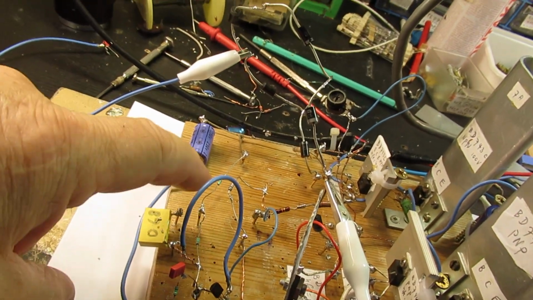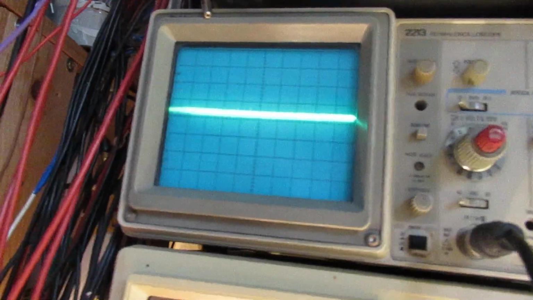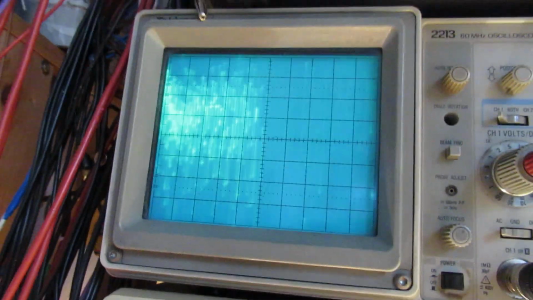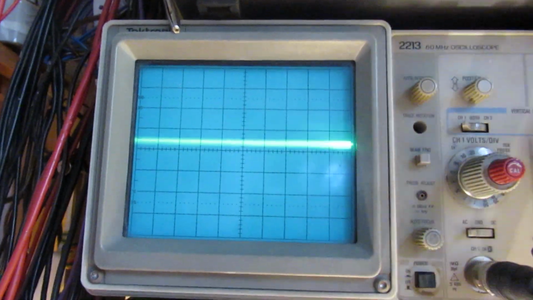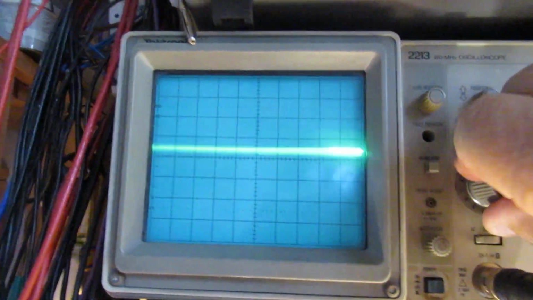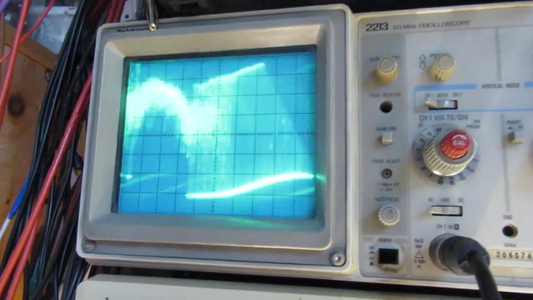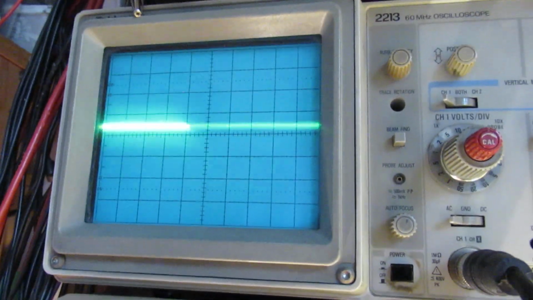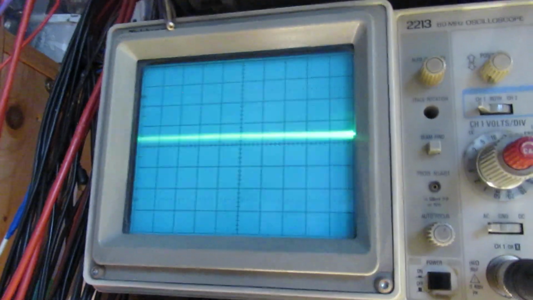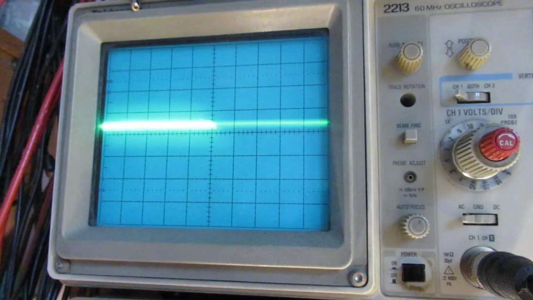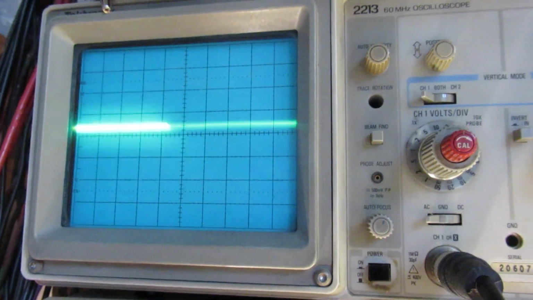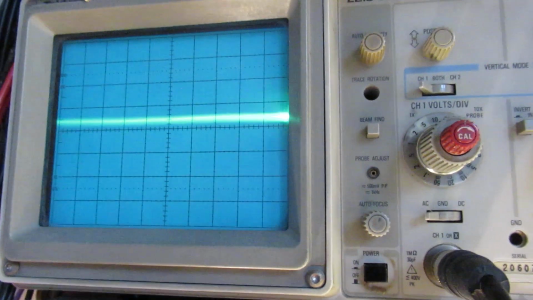So let's look at the scope, also important. As a first test, touch the input of the amplifier with your finger, look on the scope. And here you can already see the properties of your amplifier when you simply touch it with your finger. So here you see, for instance, that even with my finger that has on my body, I have an extremely low, say, input voltage to that amplifier.